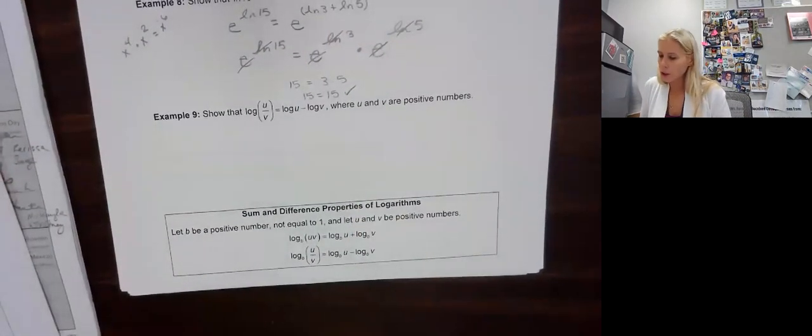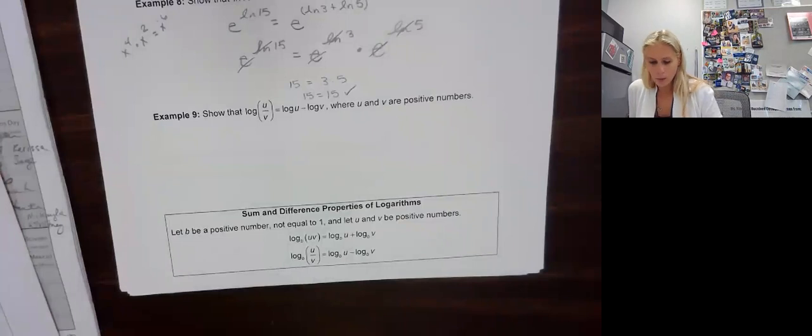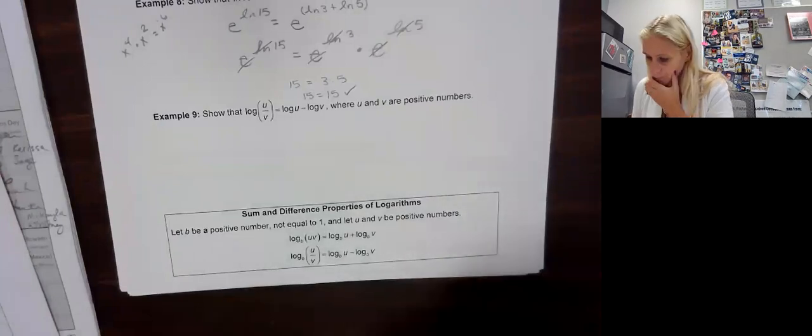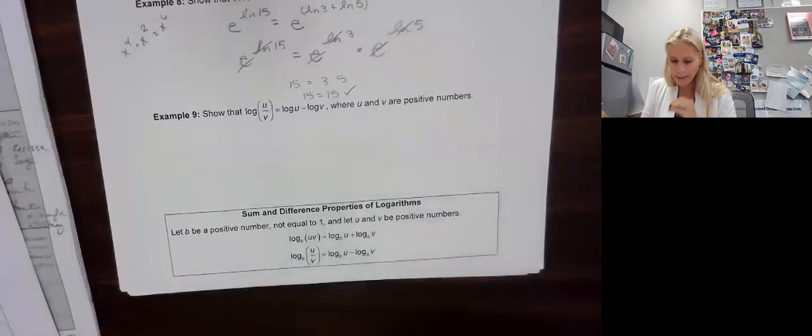All right, show that log u over v equals log u minus log v, where u and v are positive numbers. Okay, so in this case, I'm going to start by manipulating one side or both sides and then go to the other, okay?